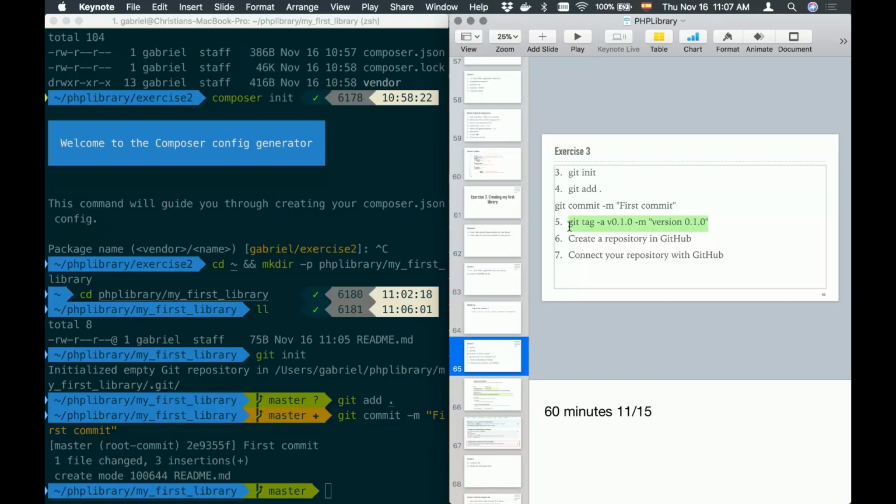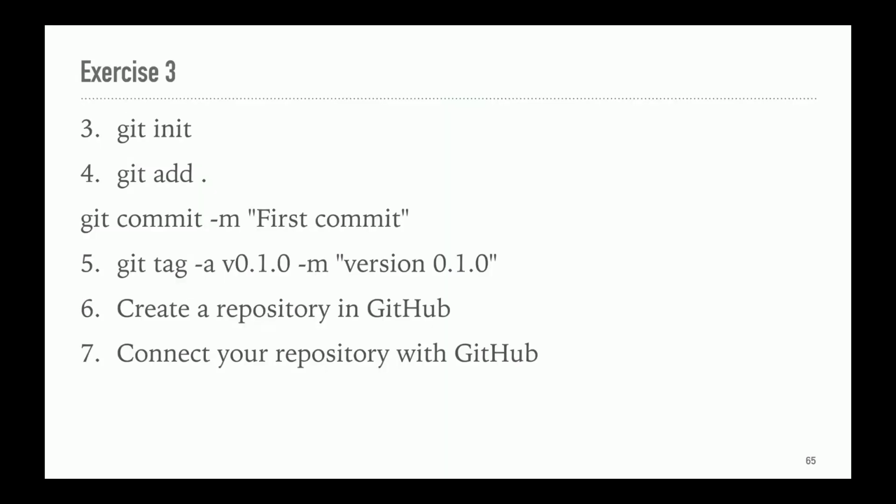We do that by running this command, git tag -a, and the version that we need to specify, and we can optionally provide a message. Now, semantic versioning recommends that.